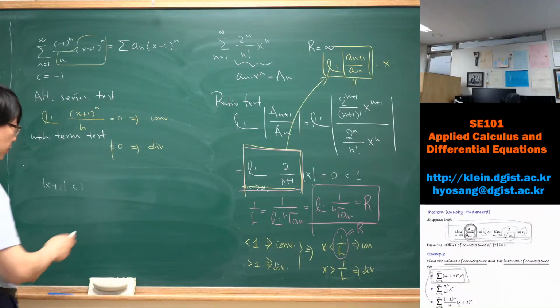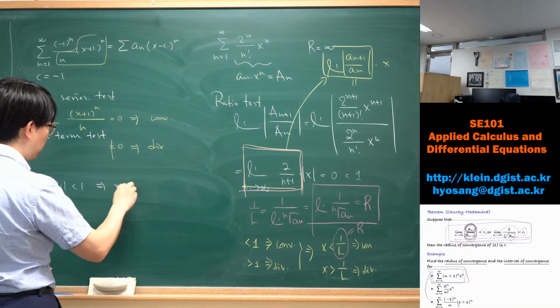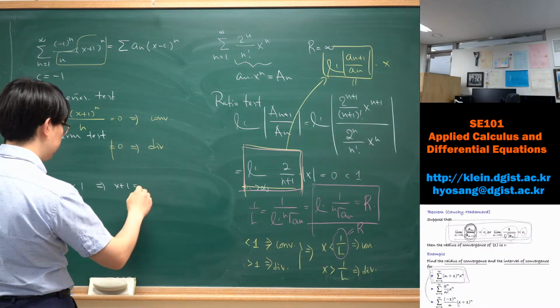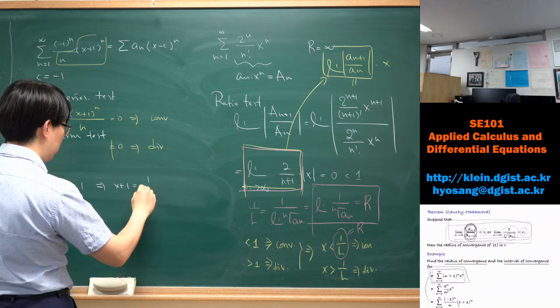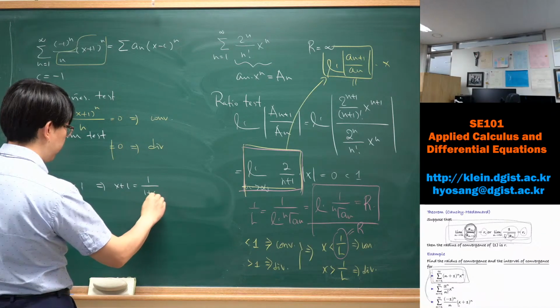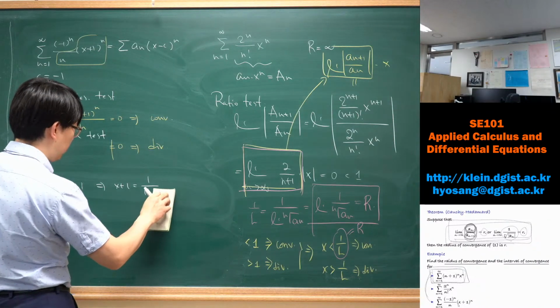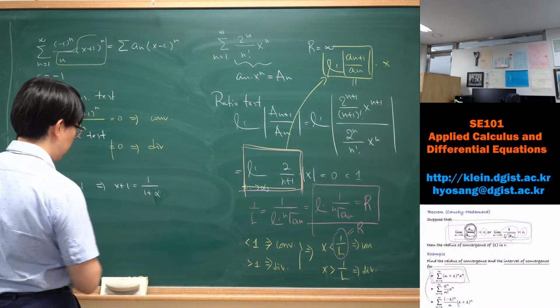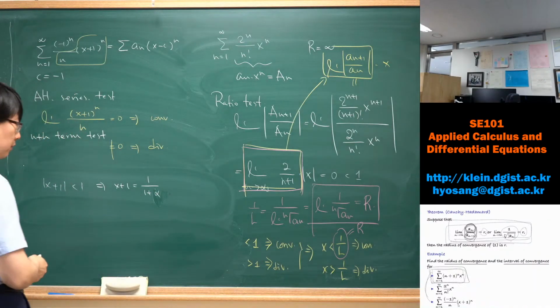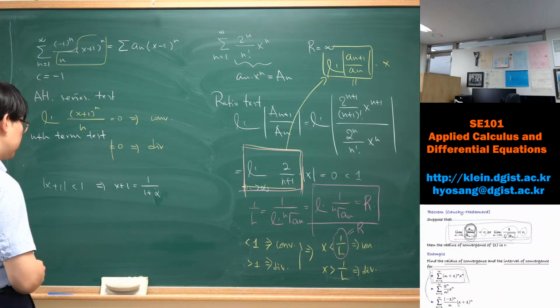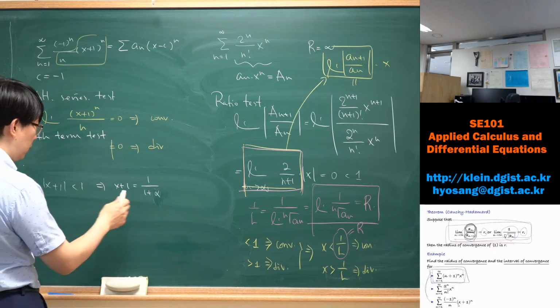Suppose that x plus 1 is some kind of 1 over 1 plus alpha.